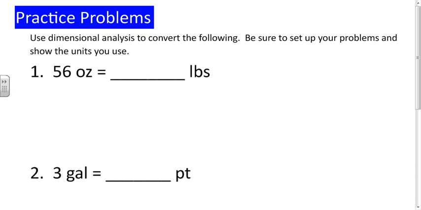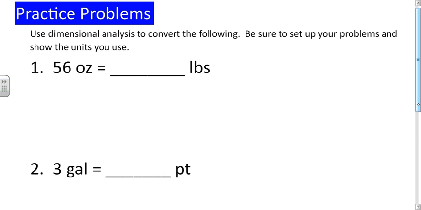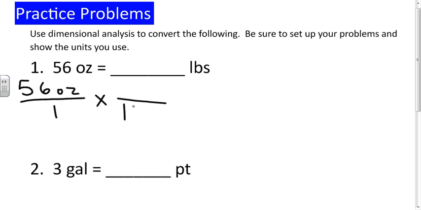All right, here are a couple for you to do on your own, just like the sample problems. Be sure you have that chart with you to help you with the conversions. I want to change ounces to pounds. So I have 56 ounces over 1, and I know that 16 ounces, that's got to be the denominator, is equal to 1 pound.